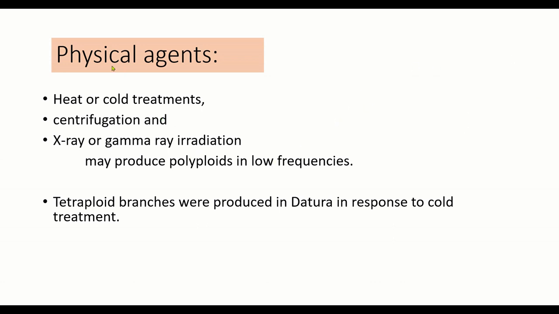Okay, this may also induce an increase in number of genomes. Okay, and also X-ray and gamma ray irradiations may also produce polyploids. Although all these are chance events, we are not going to get it every time we do it.